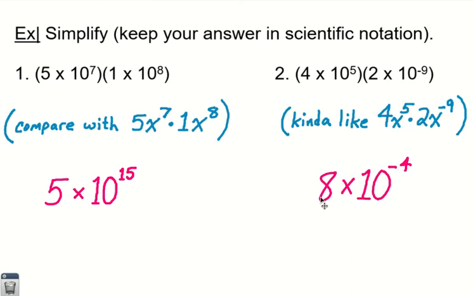Well, I think the deciding factor would be, is this an acceptable leading number out here? Is this between 1 and 10? Yeah. And is this 8 an acceptable leading number that's between 1 and 10? Yeah, this is like 8.0. This is 5.0. They're good numbers for scientific notation.